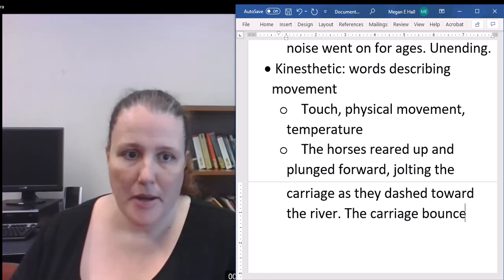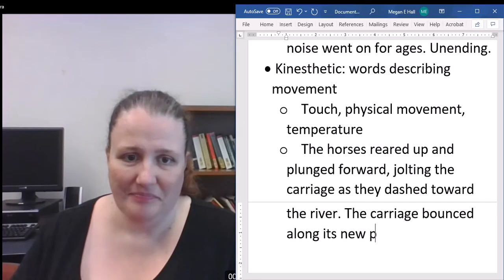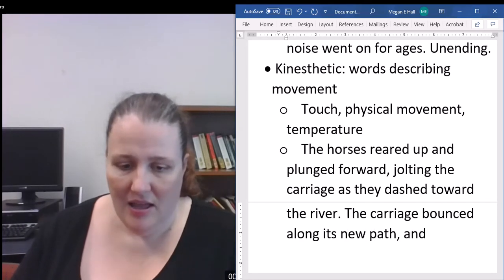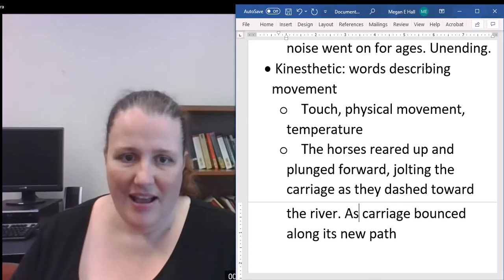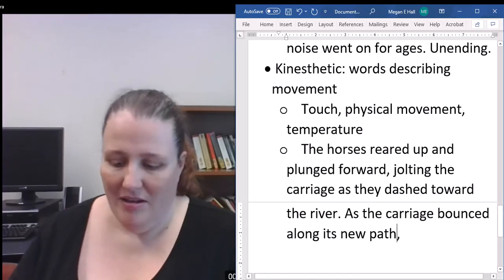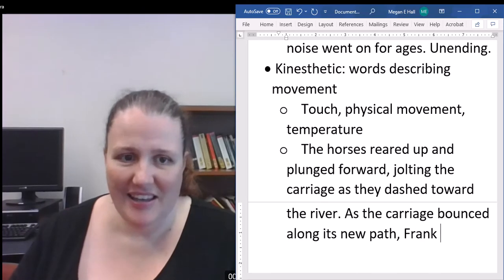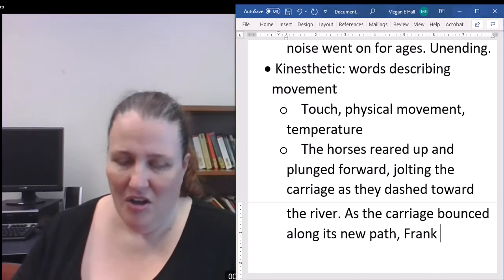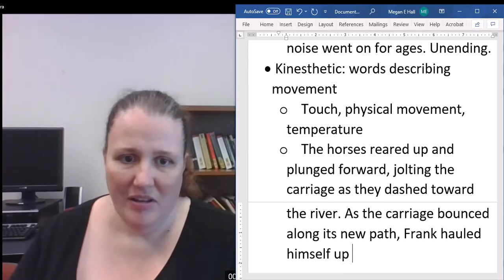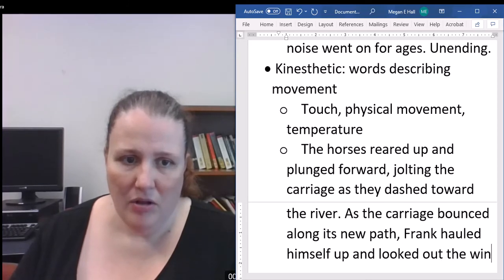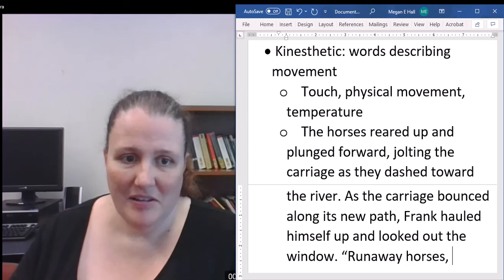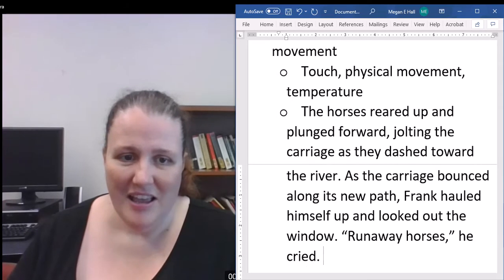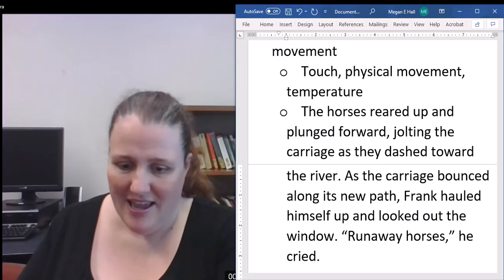The carriage bounced along its new path, and, okay, let me put, as the carriage bounced along its new path, Frank hauled himself up and looked out the window. "Runaway horses!" he cried. Now, I don't know what happened to the guy driving, but maybe he can't hold on.